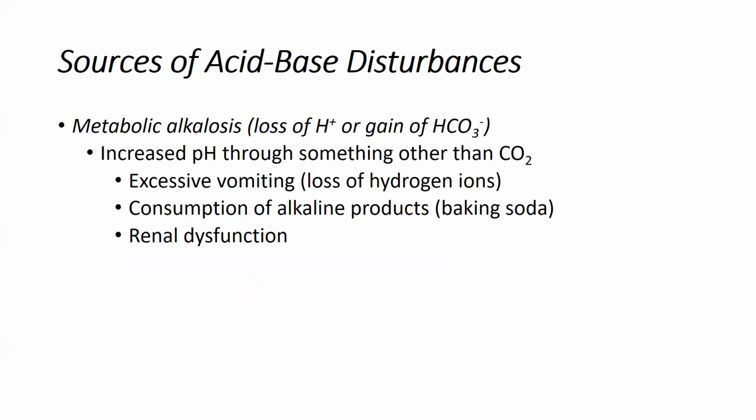Let's talk about metabolic alkalosis. Now again, the defining factor of metabolic alkalosis is that this is not occurring through the lungs. There's an increase in the pH other than the buildup of CO2. So this can be excess vomiting where you lose hydrogen ions. This can be consumption of alkaline products like baking soda. Or again, this can be a renal dysfunction.